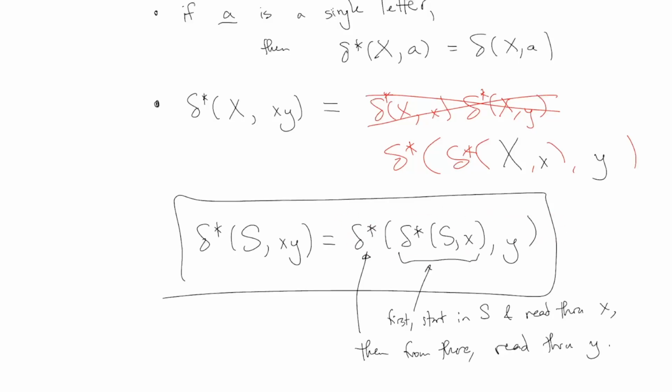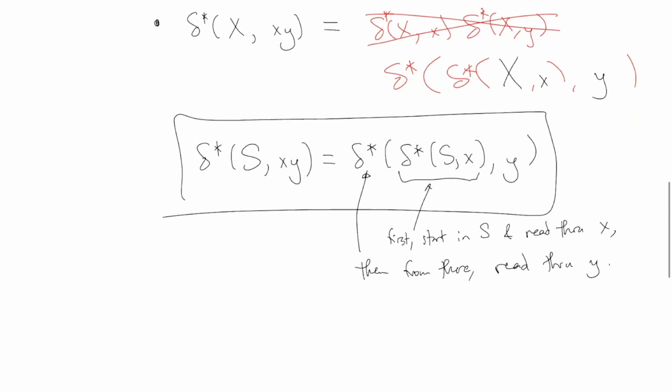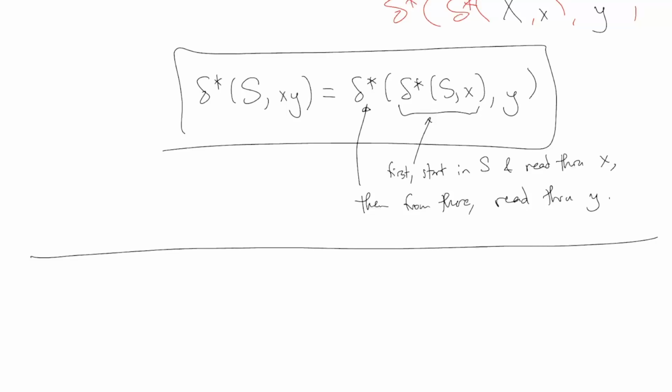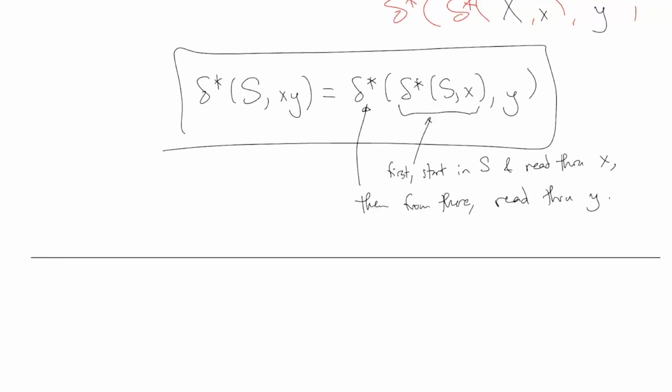All right, we can now state, this is the last bit of formalism, then we'll move on to something a little bit different. We have talked about the formal definition of a DFA.